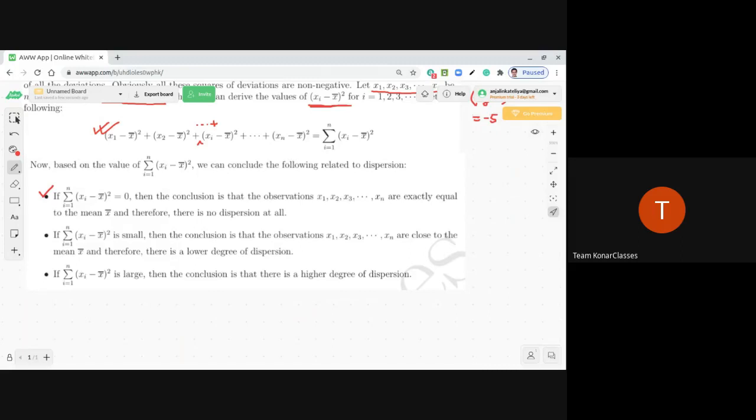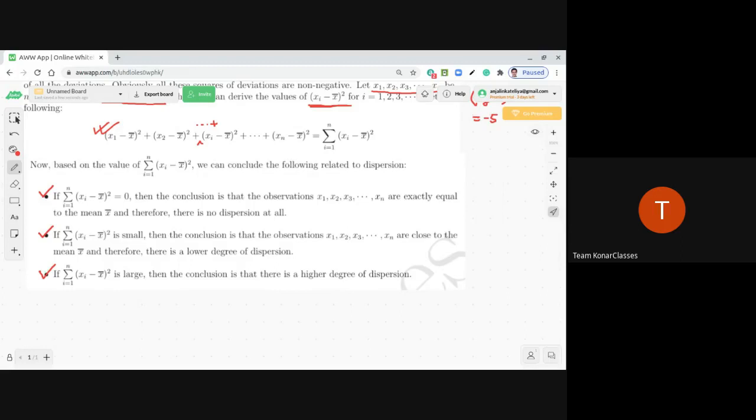Now, if this summation is small, then the observations are close to the mean x bar, and therefore there is a lower degree of dispersion. And lastly, if the summation is large, then the conclusion is that there is a higher degree of dispersion.